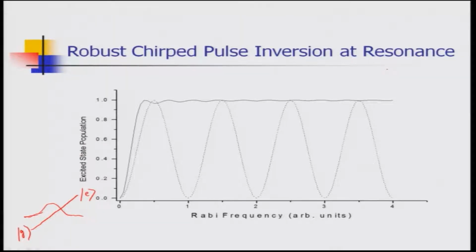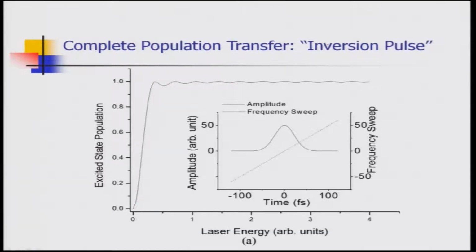This is known as the chirp pulse inversion process due to adiabatic inversion, and this is another way of achieving 100% inversion. So, complete population transfer or inversion is possible with pulses where the frequency sweep makes sure that the population is neatly transferred from the ground to the excited state.